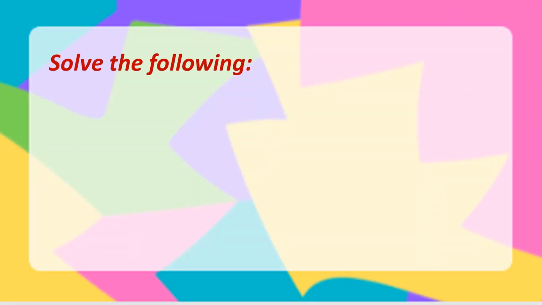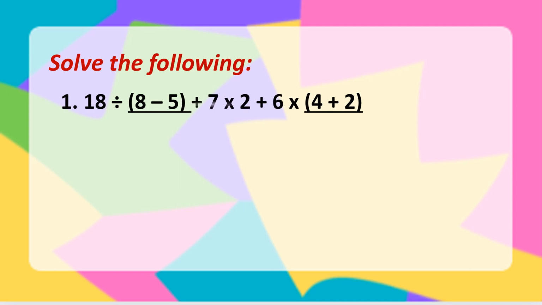Okay, let's solve the following. Number 1, 18 divided by the difference of 8 and 5 plus 7 times 2 plus 6 times the sum of 4 and 2. So what are we going to solve first? We're going to solve first the numbers inside the parentheses. We need to eliminate the parentheses.